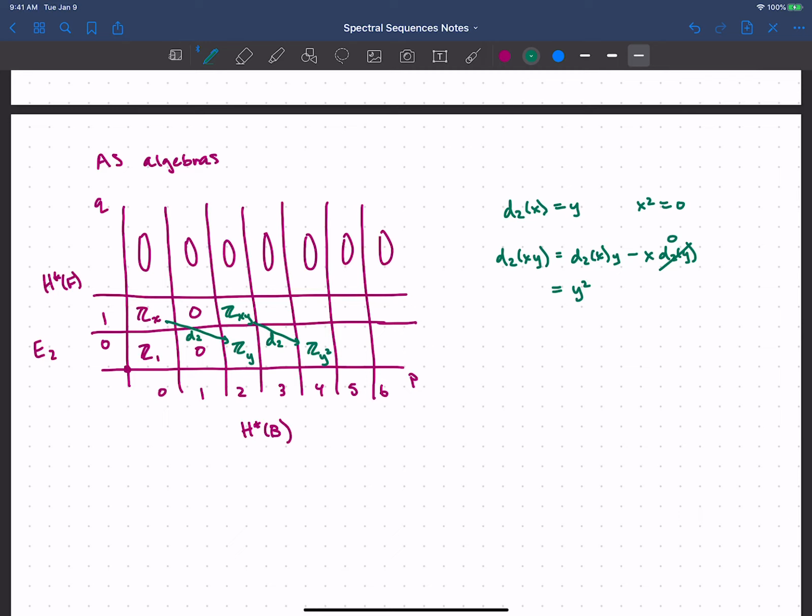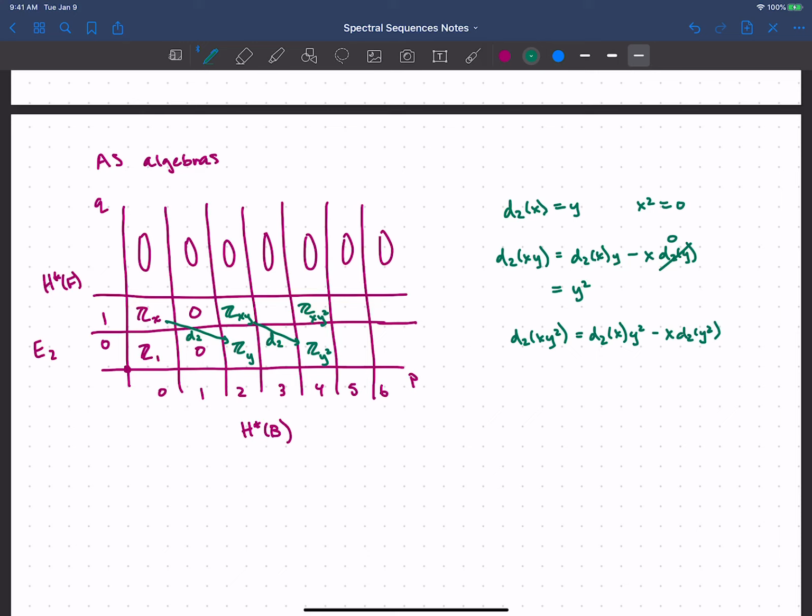Okay, now we can continue to play that game. So once we know this copy of the integers here, we know there's one right above it because we're using the same coefficients. And thinking about this as the tensor product, there's a class there that looks like xy squared. And we look at the differential on xy squared. Same game, we have d2 of x times y squared minus x d2 of y squared.